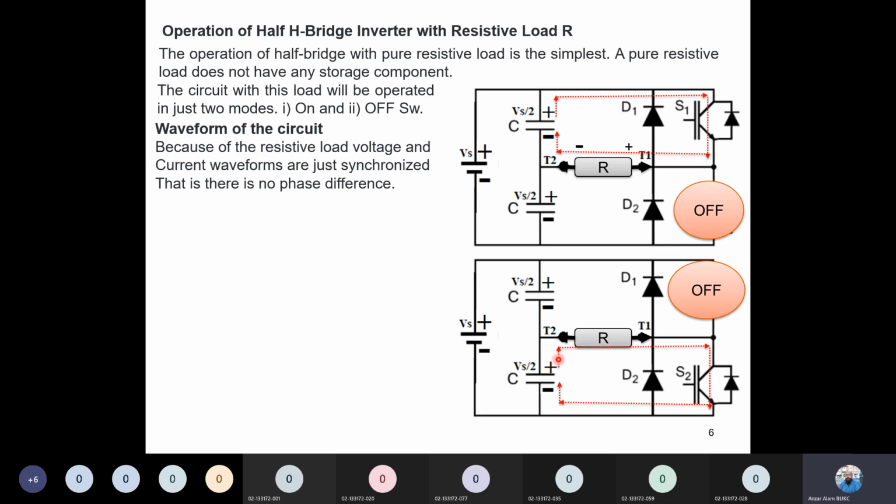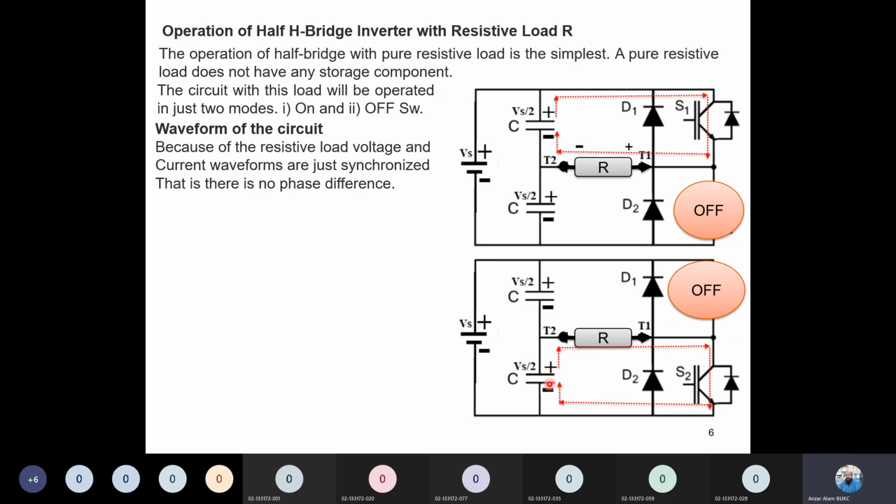The plus current will flow from here to the load through the switch. Why will it not flow through the diode? Because this is the supply plus, and this diode is connected in reverse bias, so it will not turn on, right? Similarly, the current always flows from plus to minus.